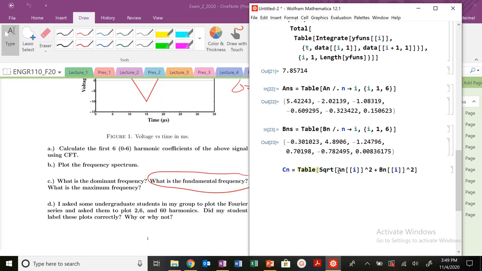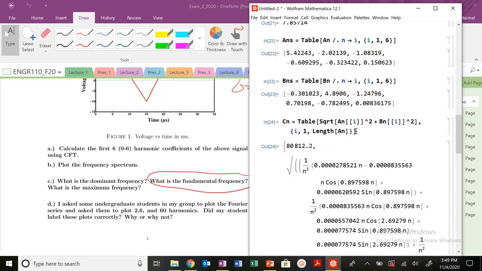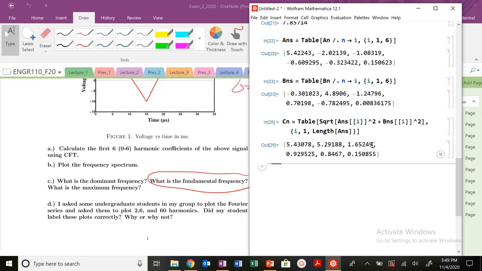Then I'm going to do I from 1 to length of a sub n. Actually, let's do my a sub n's and b sub n's here. That's much better. So there we go.